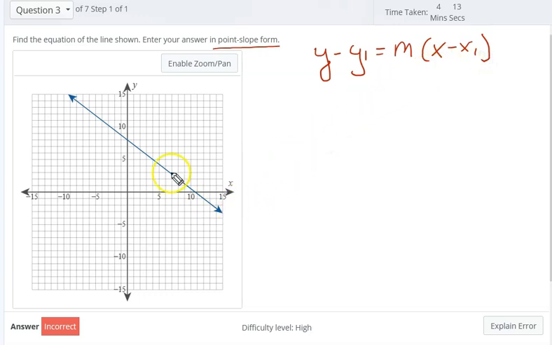Now, as you look at this line, you have to find out what the slope is. So it's going through this point right there. That's the y-intercept. And that would be 0, comma 8.